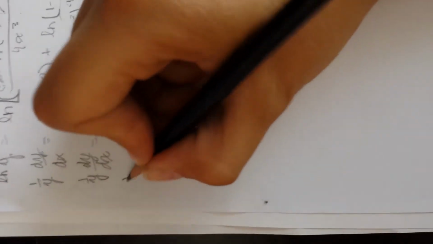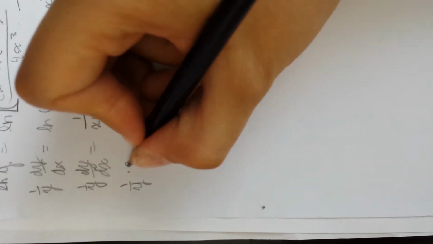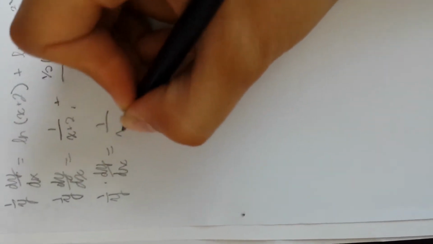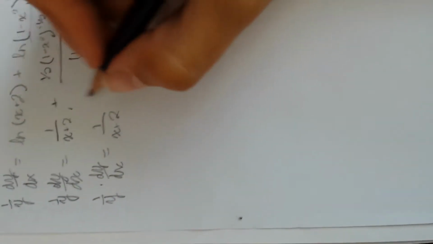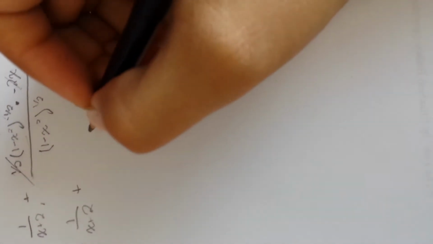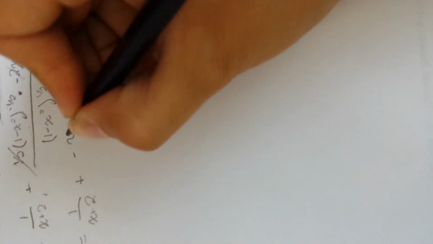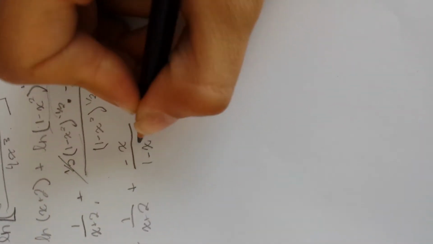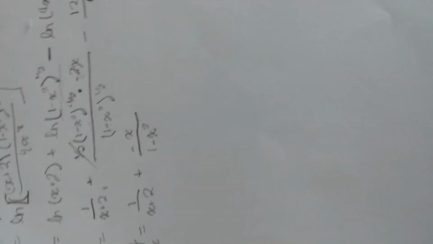Okay, so now what we gotta do is simplify all this. So you still have your 1 over y times dy/dx, that's just being carried down. Can't simplify the 1 over x plus 2, so you just copy it down. And then you have your plus, okay, so this negative 2 cancels with this 1/2, so you just have negative x all over a 1 minus x squared, just 1, because you gotta bring this negative 1/2 down.